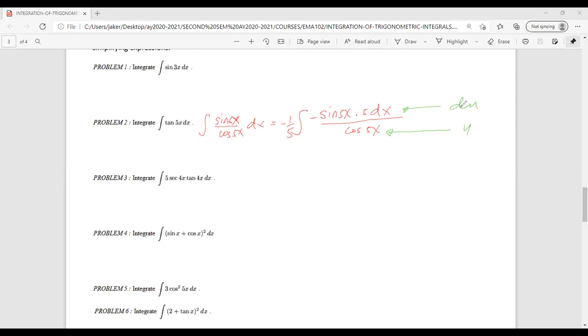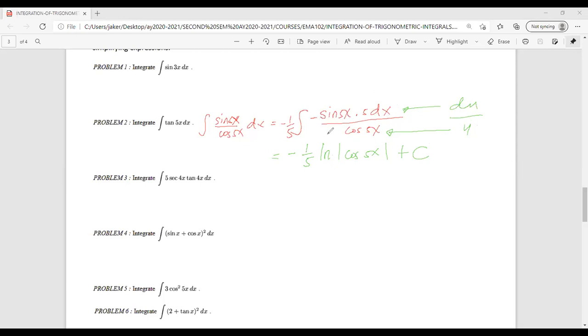If this is my expression, a du over u, what would be my answer for the integral now? That would be negative 1/5 ln of the cosine of 5x plus c. Du over u yields ln, provided that the entire u in the denominator has the complete du in the numerator.